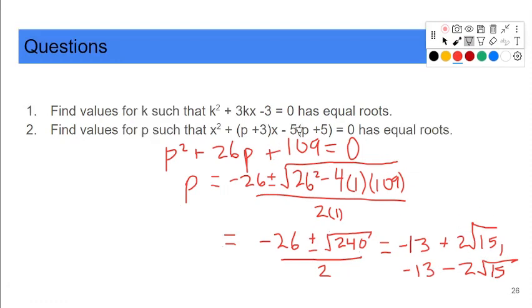So is everybody okay with this? Any questions? So these are the values of p.